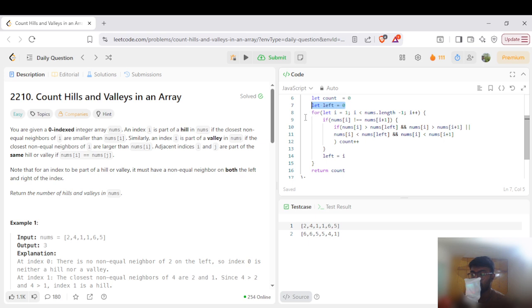This is used to keep track of the last unequal number on the left side. As we iterate through the for loop, we have to check the two non-equal neighbors. So that's where this left, which we have to define, would come in handy to keep track of the left variable which is non-equal, right?